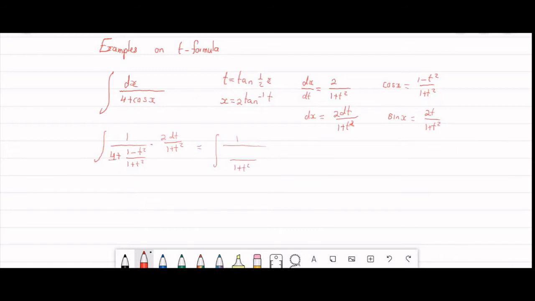We know that 4 is over 1. So how many times does 1 go here? It goes 4 times 1 plus t squared, plus, and this will cancel this, so we'll be left with 1 minus t squared, multiplied by 2 dt over 1 plus t squared.